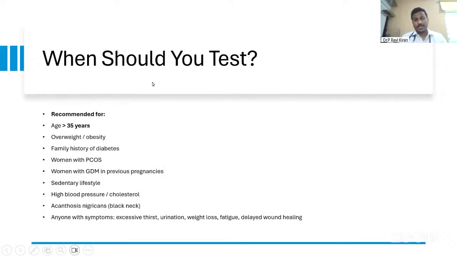When should you test? The parameters keep on changing, but now for age more than 35 years, it's mandatory to get HbA1c tested to identify the disease early and to prevent complications.